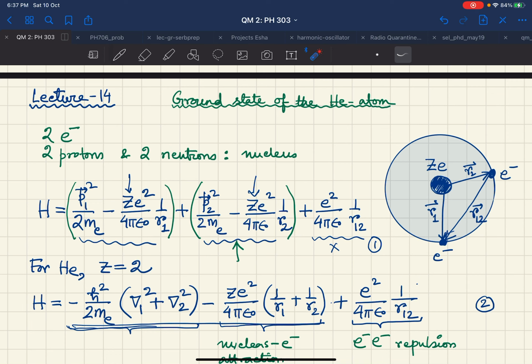And we wrote down the Hamiltonian in the following way: we divided the Hamiltonian into two hydrogenic Hamiltonians, and then we had the interaction between the two electrons that are there in the orbit. For helium, we know that Z is equal to 2 because there are two protons in the nucleus, but we still wanted to keep the generic notation for atomic number Z in the Hamiltonian.